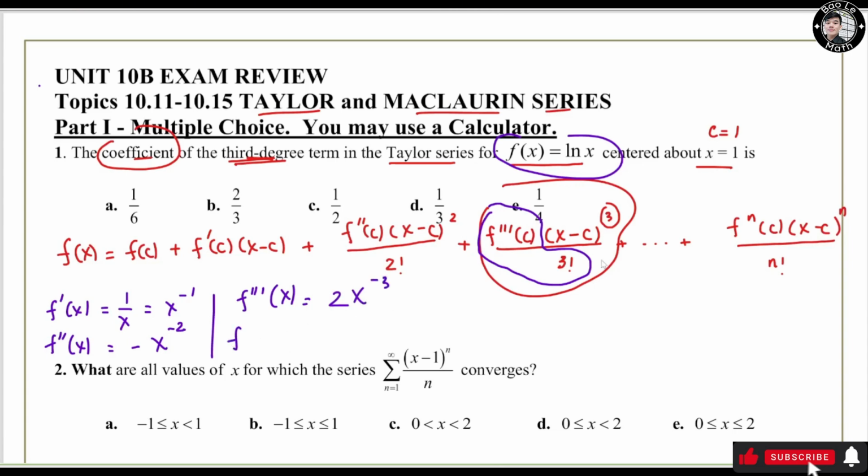Now we substitute the center, so f triple prime of 1 equals 2. So the coefficient is 2 divided by 3 factorial, which means 2 over 6, which is 1 over 3. So the answer must be D.